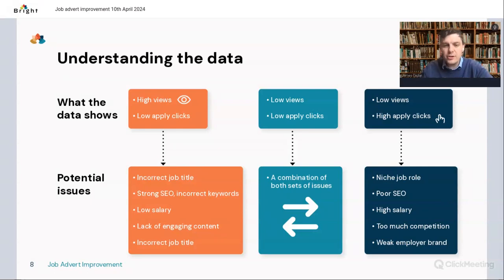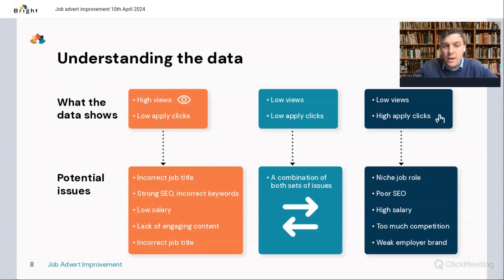So if you are searching for part-time maths teacher, if you've got the word part-time repeated a number of times throughout your job advert, you're going to rank higher for that, because it's analyzing your information and seeing, okay, they're talking about a part-time role. The job title is for the job title that the person's searching for, and therefore we're going to show this content.